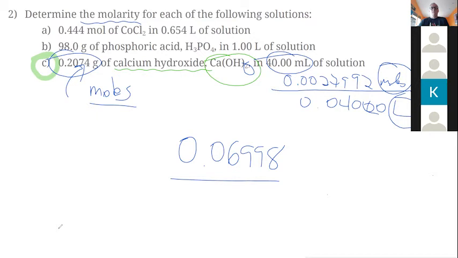You could either put M or moles per liter. Small m or big M? Big, right. There's 2 answers you could give. Capital M for molar, because that means moles over liter, or you could put moles over liters. Either one is fine. But obviously big M to save time.